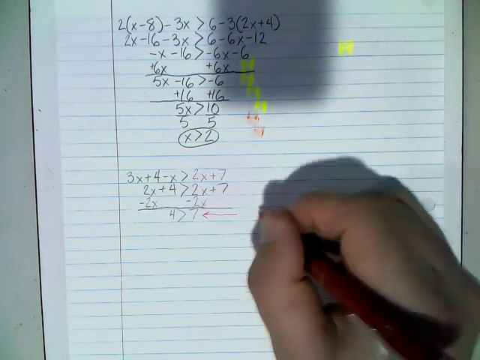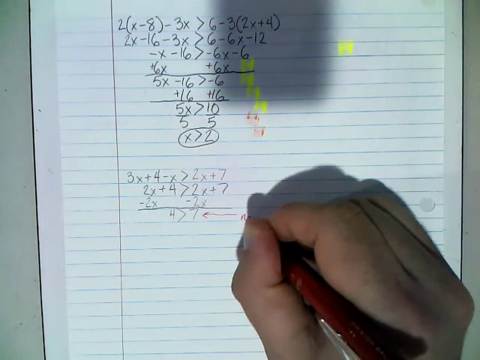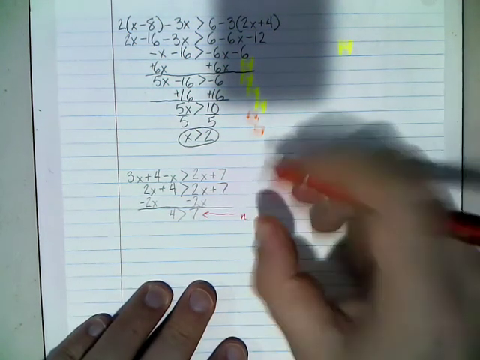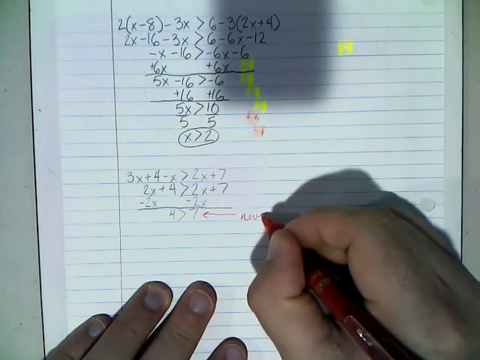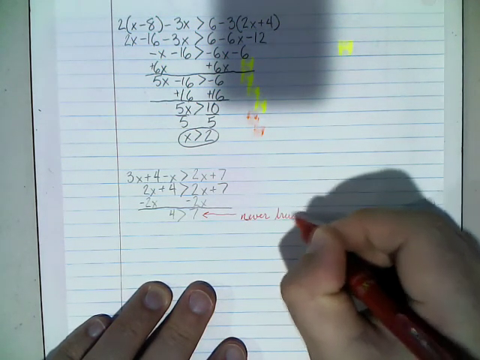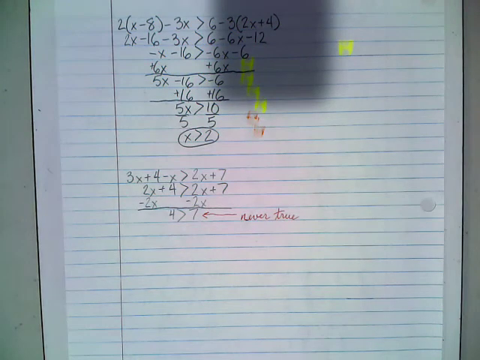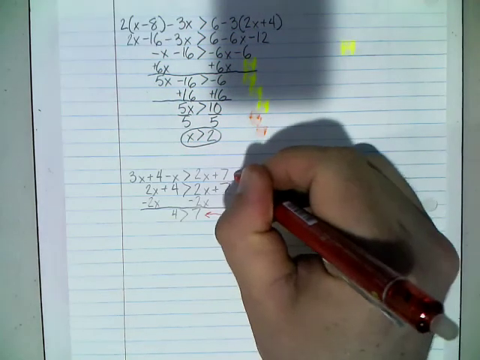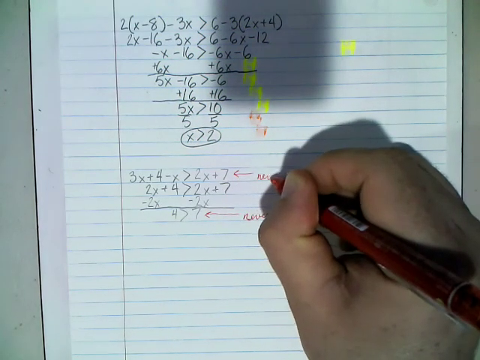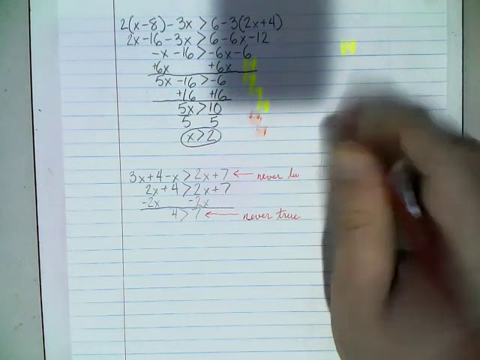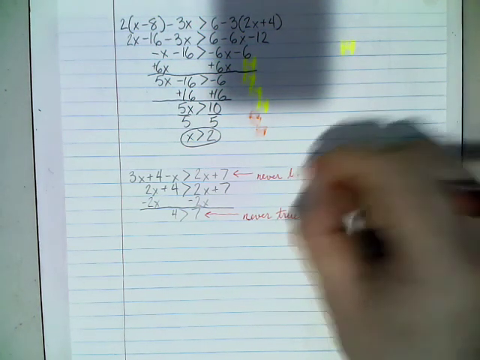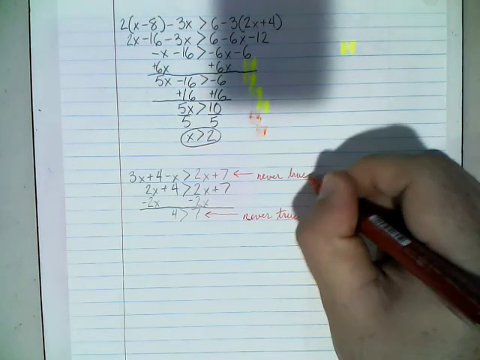This is never true. It will never be true. There is no value of x that will ever make this true. Well, if there's no value of x that will ever make that true, then this is never true.